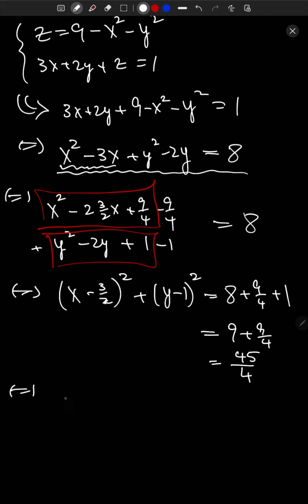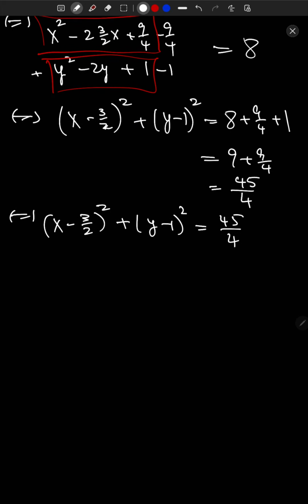So ultimately, we have a circle of radius the square root of 45 over 4. Its center is 3/2, comma 1.